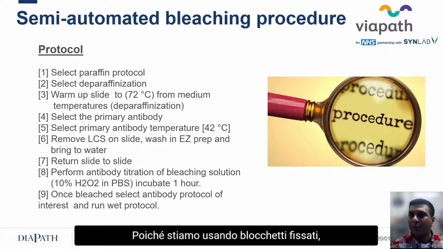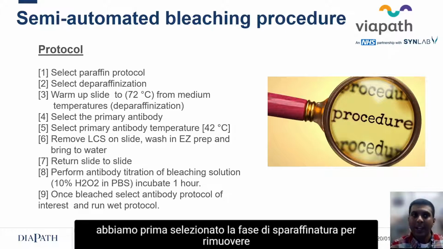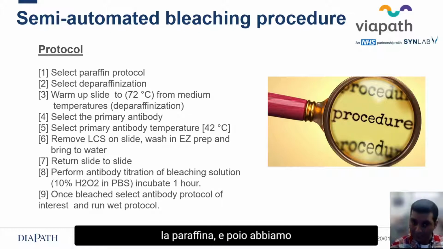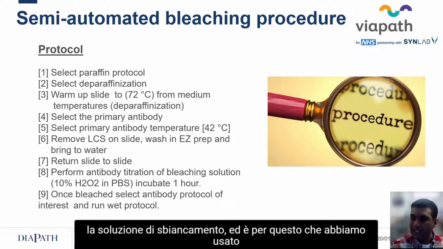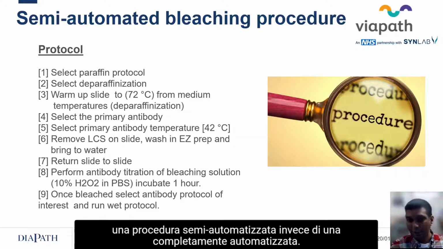Because we were using formalin fixed paraffin embedded blocks, we selected the deparaffinization step first to remove the wax. And next we utilized the primary antibody step to actually apply the bleaching solution. And that's why this was semi-automated rather than fully automated.